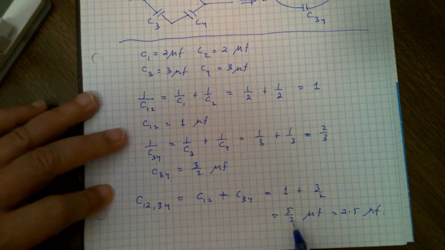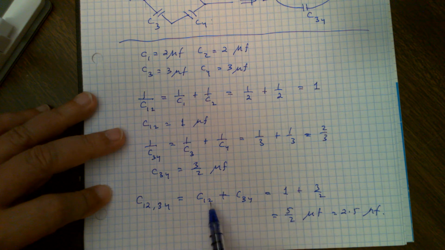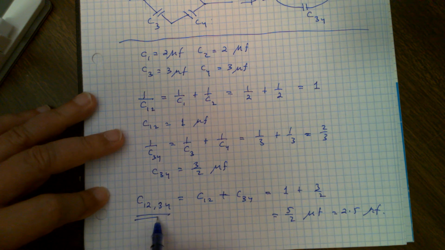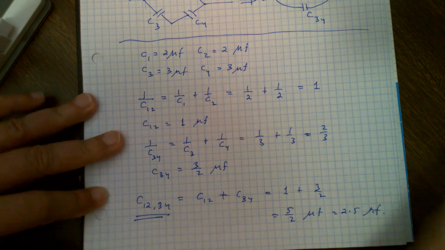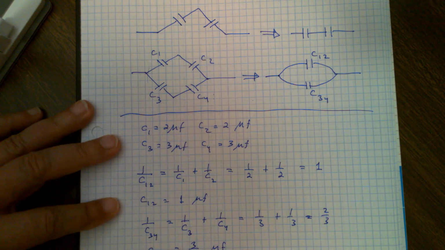Alright, so it'll be 2.5 microfarad. C12 plus C34: C12 is 1, C34 is 3 by 2. So I add them up, I get 2.5 microfarad. That is C1234, which is the equivalent capacitance for the whole arrangement. Okay? All right.